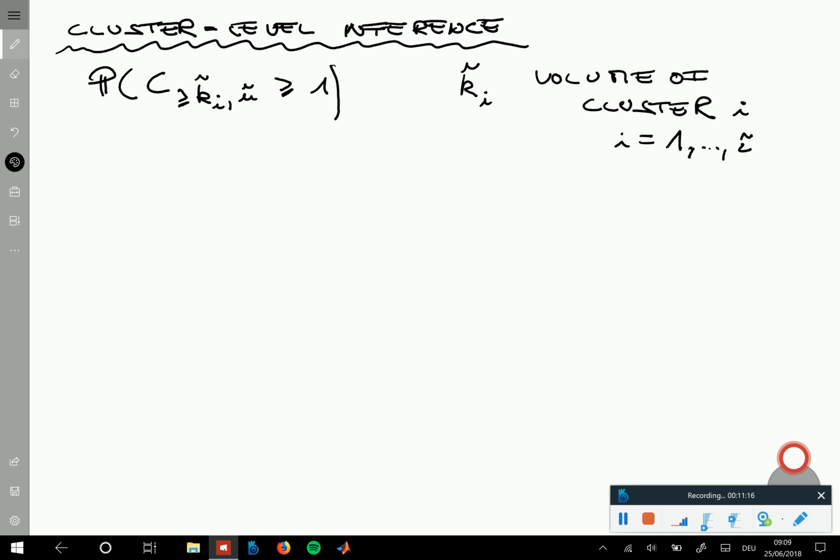This tilde ki is also reported in the SPM table. If you look into the cluster level column, there's this ke. The e, I think, relates to equivalent, because what is printed into that column is the number of voxels in this cluster.